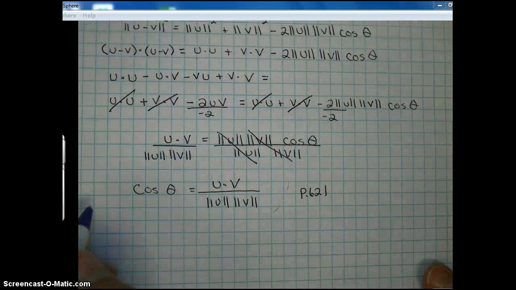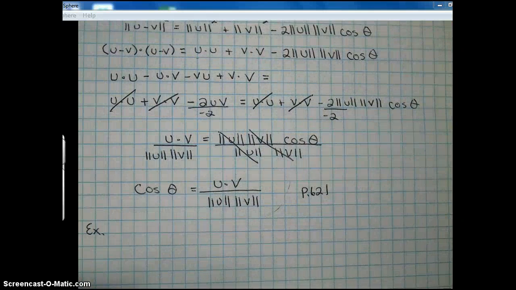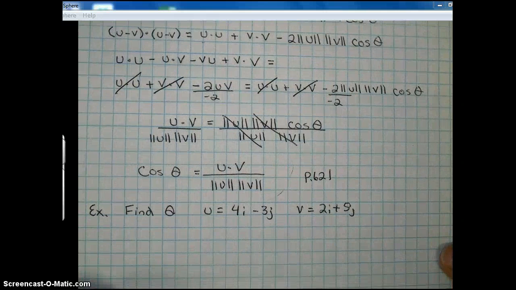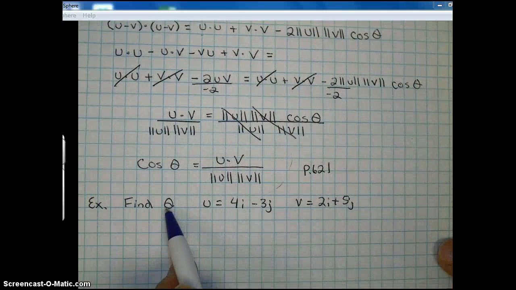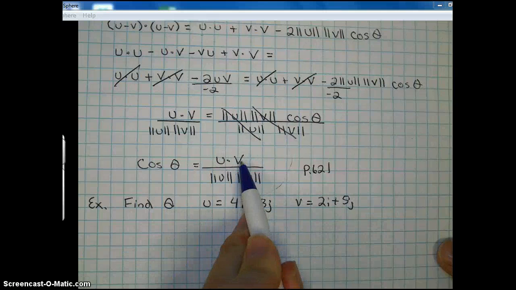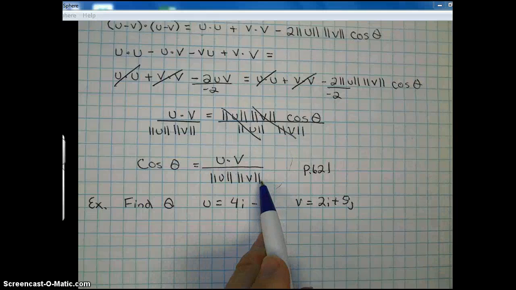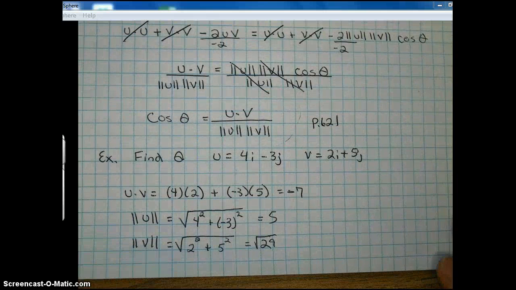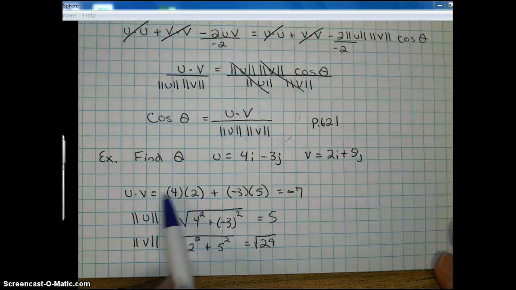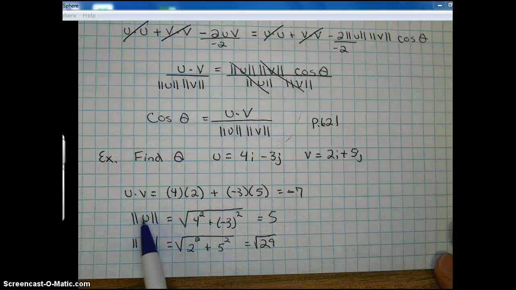Okay, let's take a look at an example. I'm going to go kind of quick here, but in order to find theta, we need to do the dot product with these two vectors, and we have to find the two magnitudes. Since I have less than a minute, here's your dot product using the formula. Here's your magnitude of u. Here's your magnitude of v.